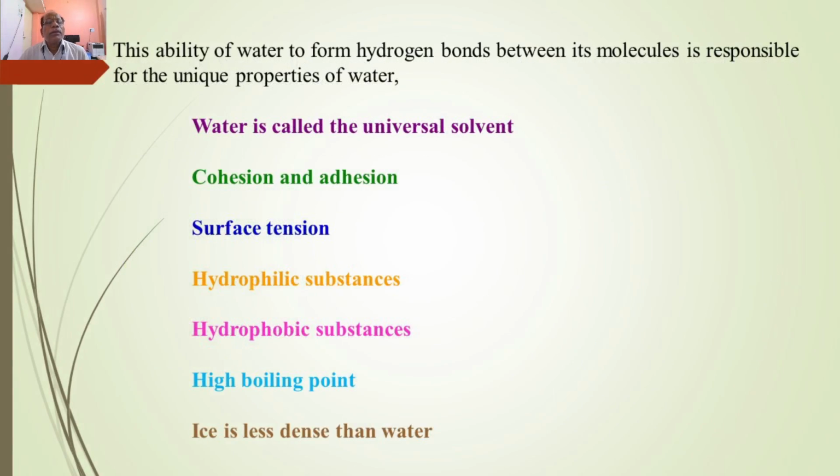We also explained the ability of water to form hydrogen bonds between its molecules, which is responsible for the unique properties of water, where we explained different properties of water which are useful for the functioning of the cells or different activities of the cells.